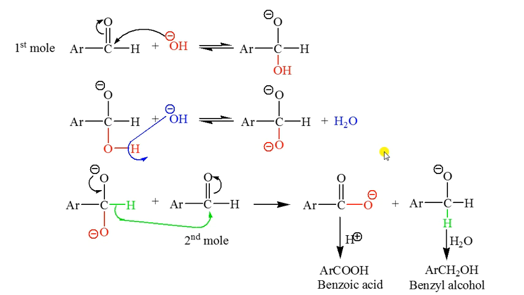Let's see the mechanism of this reaction. We need 2 moles of the same aldehyde without alpha hydrogen in the presence of concentrated base. At the first step, hydroxide ion will attack the partially positive carbonyl carbon of molecule number 1 to produce this intermediate.